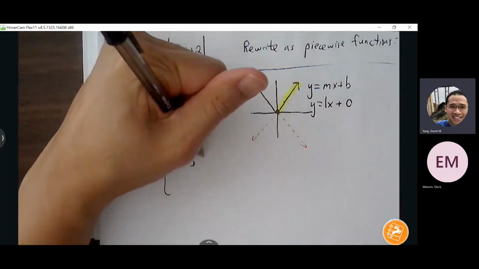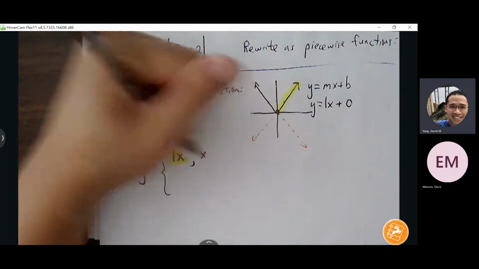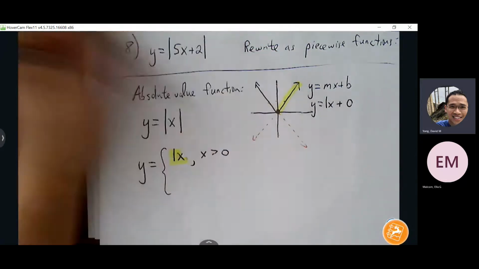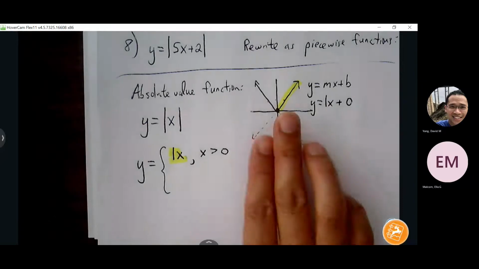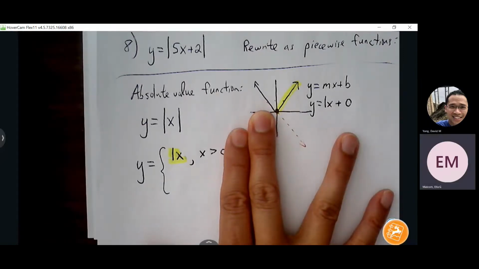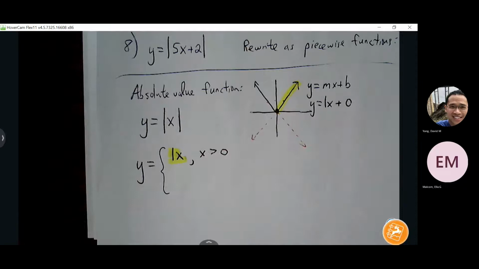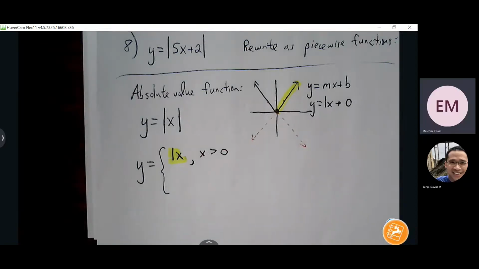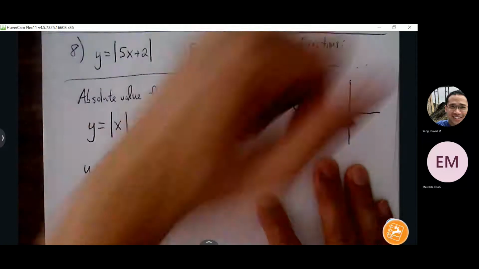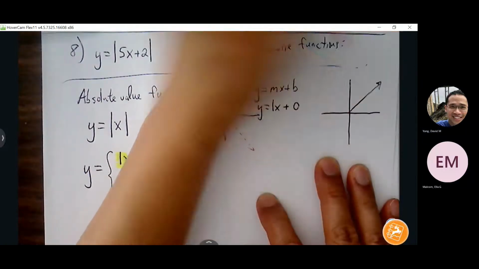So I'm going to say I'm only going to show this graph to the right of 0. I'm going to cut this part out. So basically, what I've created so far is this.